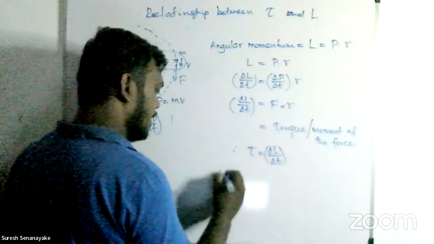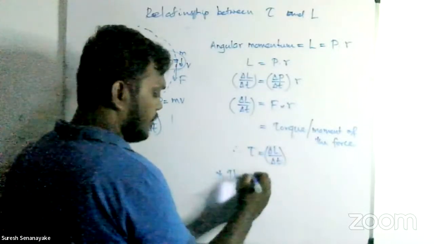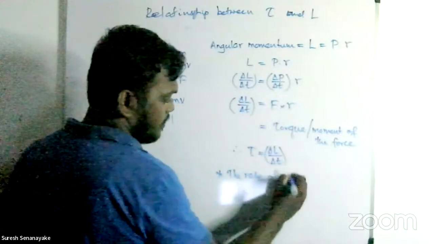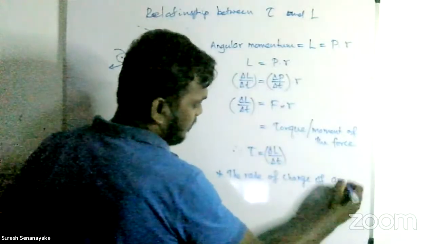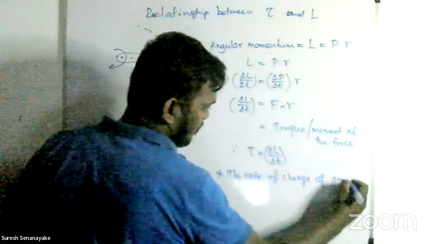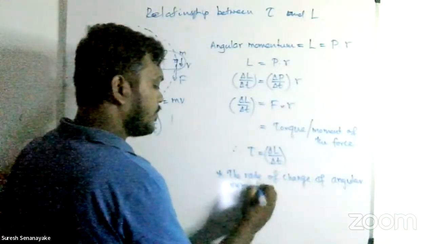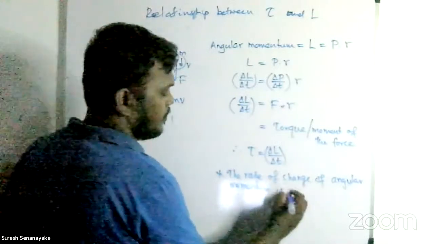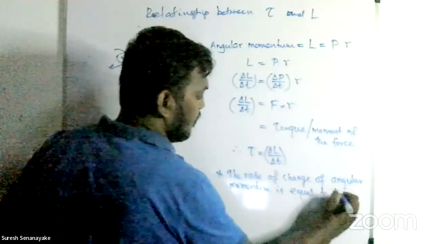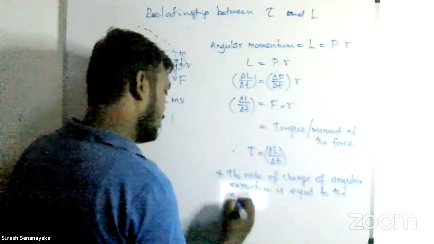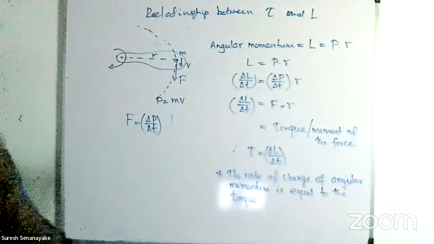So it gives you that the rate of change of angular momentum is equal to the torque applied over the body.